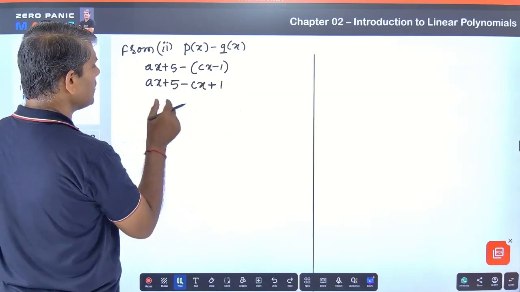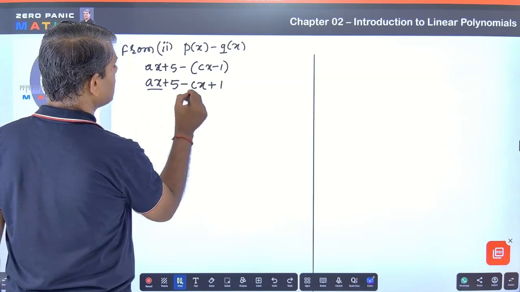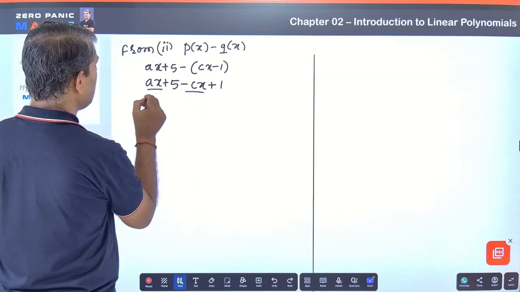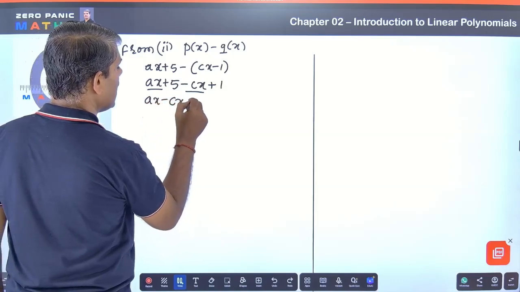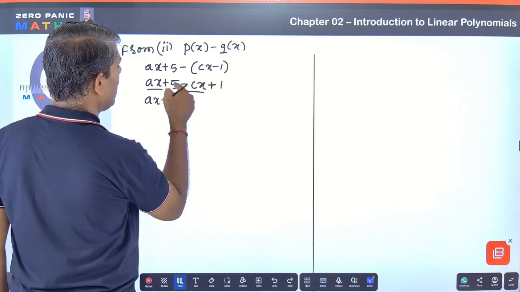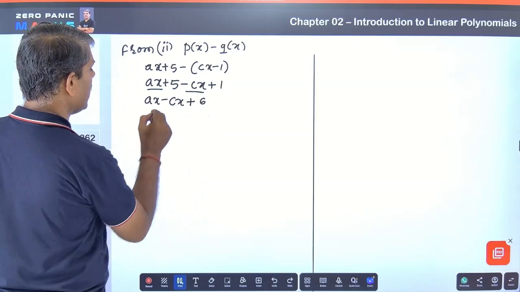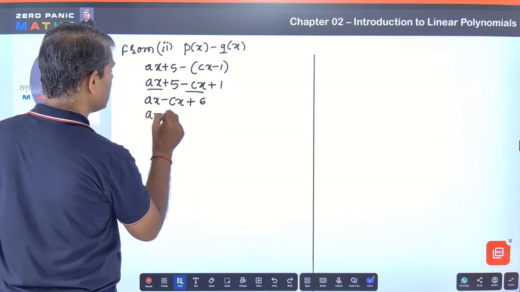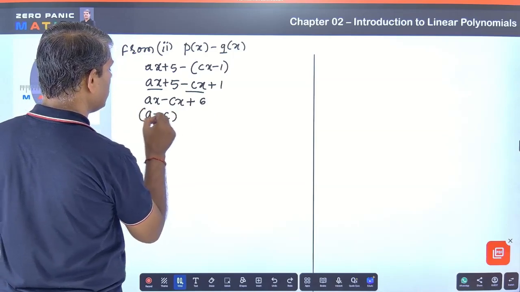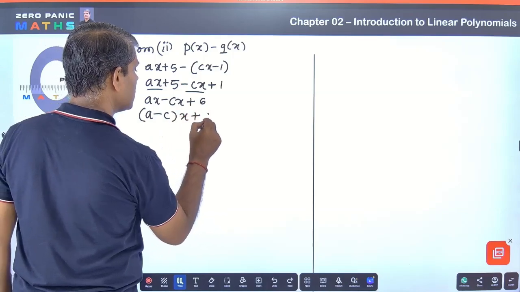Now again, similar to what we have done previously, let us group the x terms together. That will be ax minus cx, and this is 5 plus 1, that is 6. So again what I will do is I will take x outside and it will remain with a minus c into x plus 6.